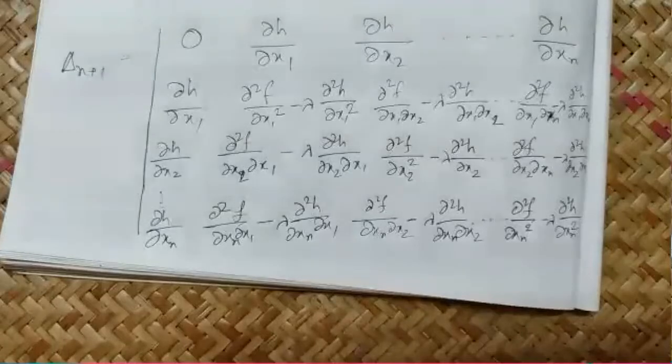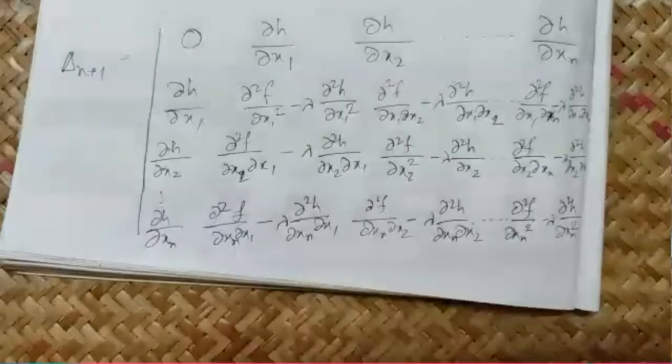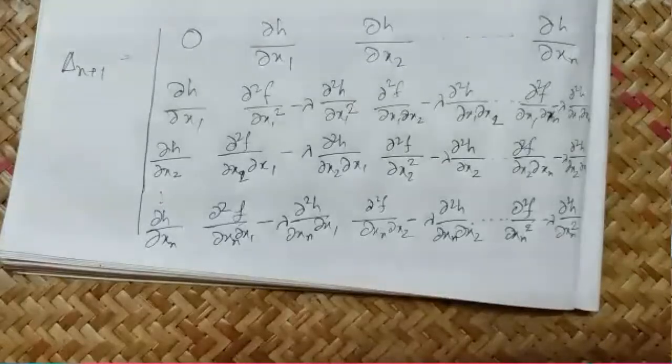So if there is a 2 variable problem, 2 minus 1, only one determinant has to be checked. If the number of variables is 3, then we need to check 2 different determinants, which are of order 3 and order 4, because it starts with 3.